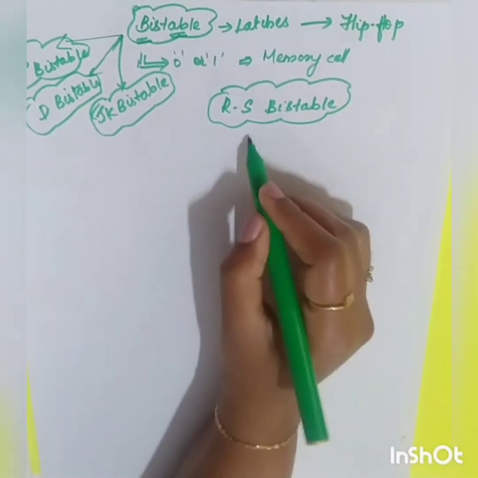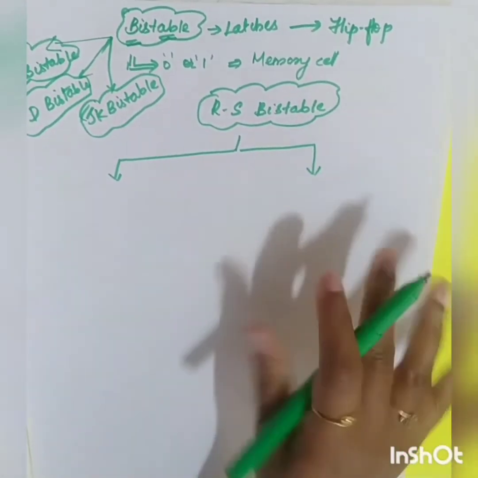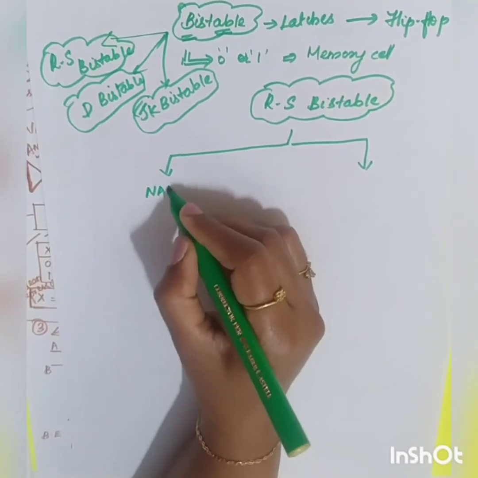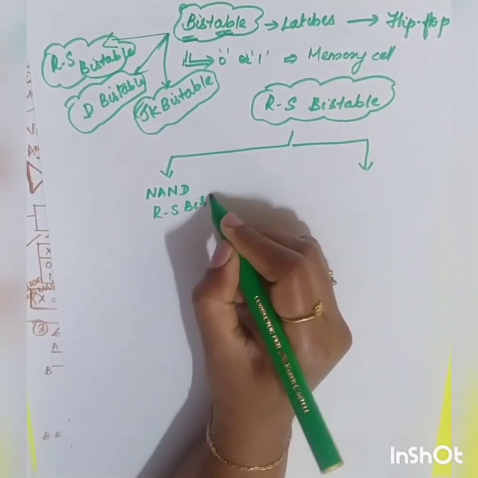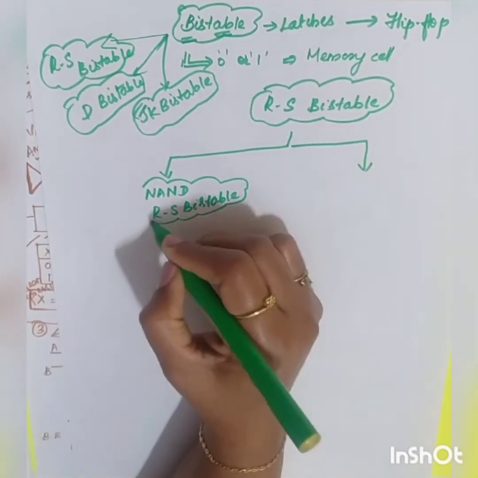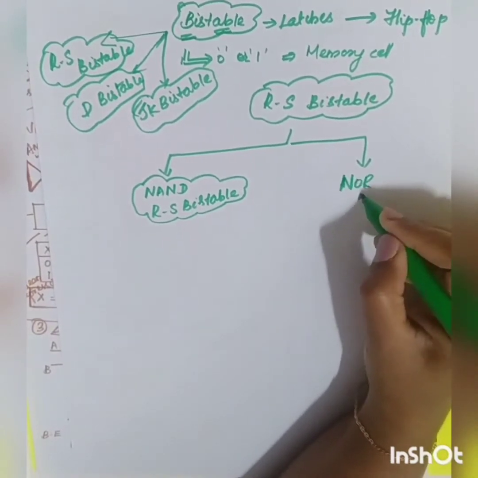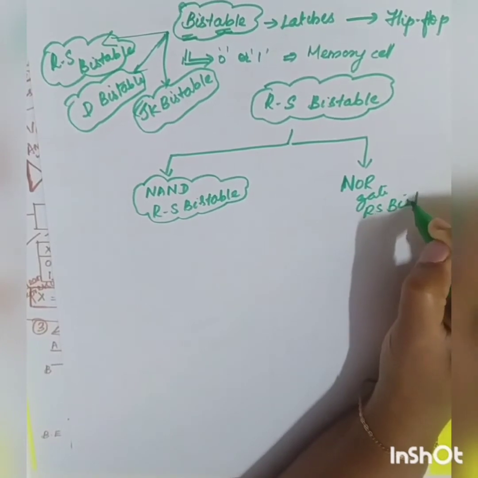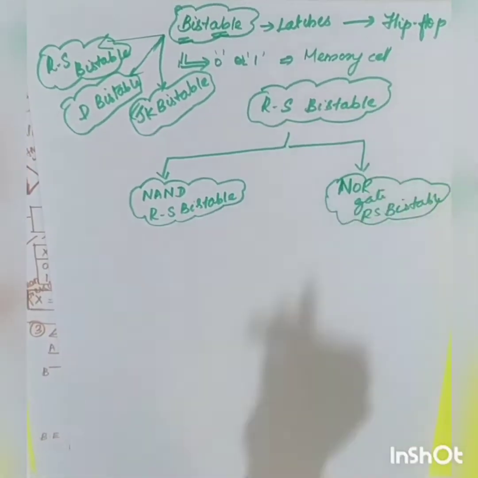Under RS bistable you are going to study two different types. One is called the NAND RS bistable, that is the RS bistable formed using NAND gates, and the other is the RS bistable using NOR gates. Okay, so two different types you are going to study.